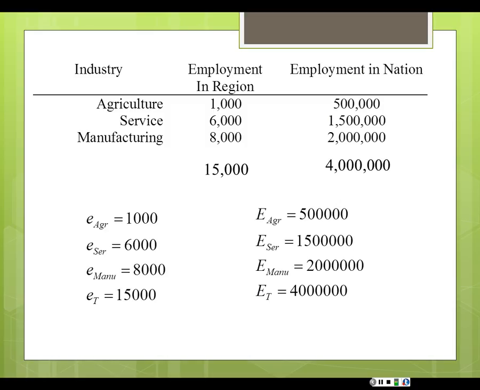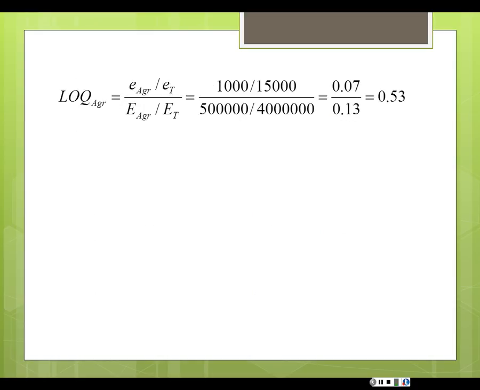And now you can begin to calculate the location quotient for every industry. So let's first do the agricultural. According to the formula, the location quotient of agricultural is the share of agricultural employment in the region divided by the share of the agricultural employment in the nation. If you plug in those numbers, in the region, you have 1,000 out of 15,000 people working in the agricultural industry.